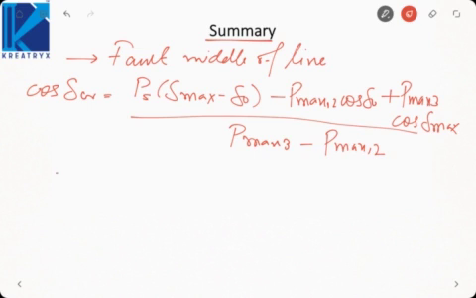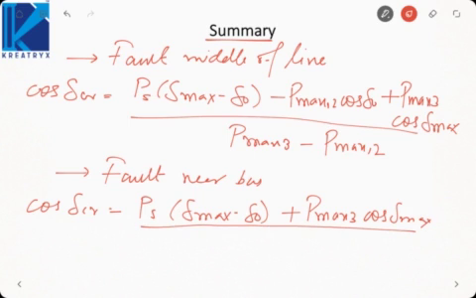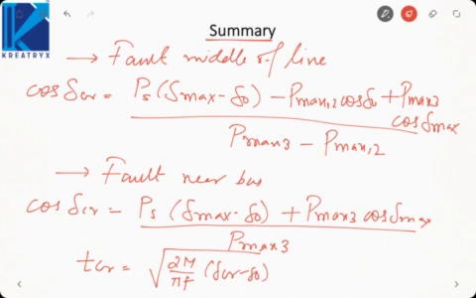Similarly, we saw other case, fault near the bus. There cos delta CR was Ps (delta max minus delta naught) plus Pmax 3 cos delta max, by Pmax 3, and we also determined TCR, that was equal to under root 2H by pi f (delta CR minus delta naught).